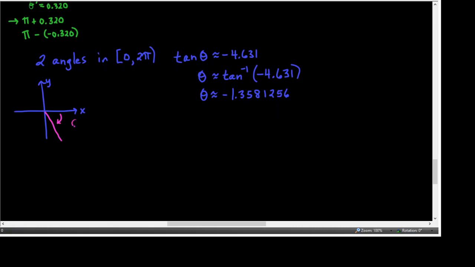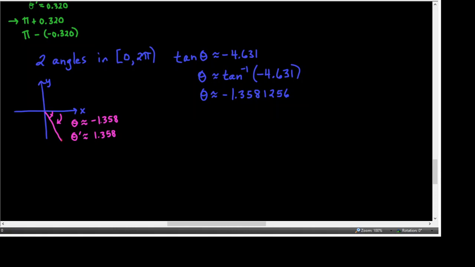So the actual angle there is negative 1.358, which means that the reference angle size is the acute angle between 0 and pi over 2. So positive 1.358 is the reference angle size. That's this angle size.